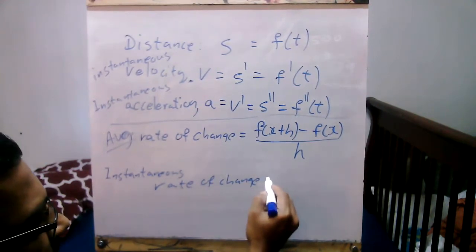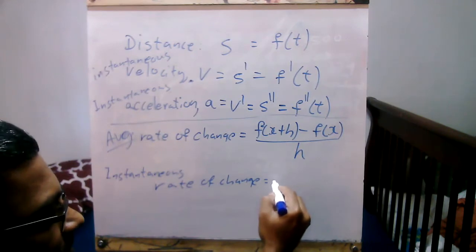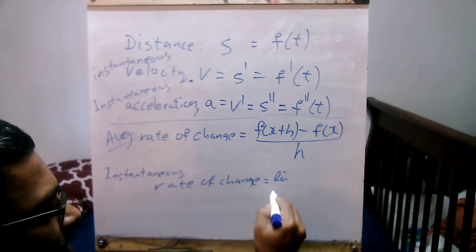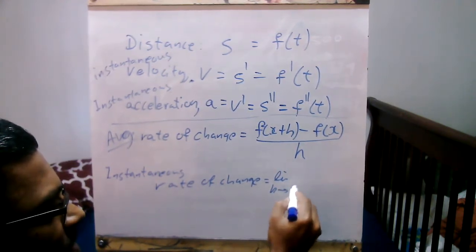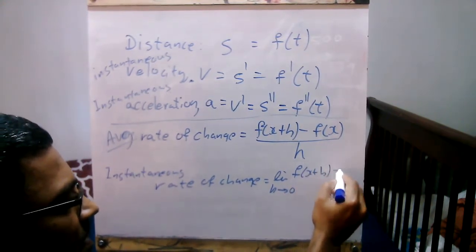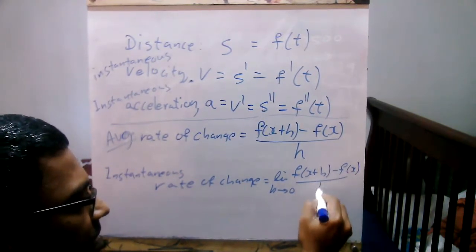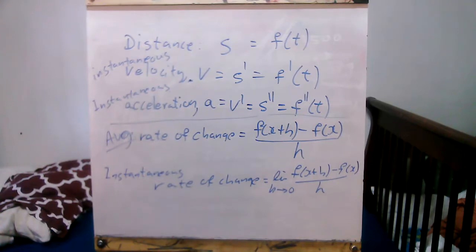Instantaneous rate of change is equal to, the only difference is the limit as h approaches 0 of f of x plus h minus f of x divided by h, right?